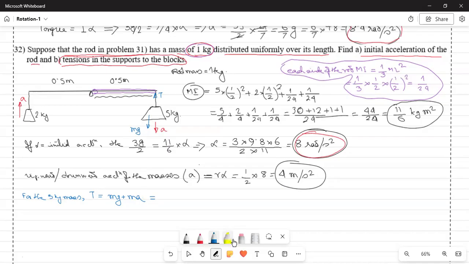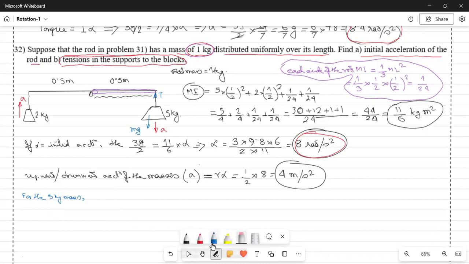No, sorry, I have made a mistake. Once again, I am sorry. I rewrite the equation this way.